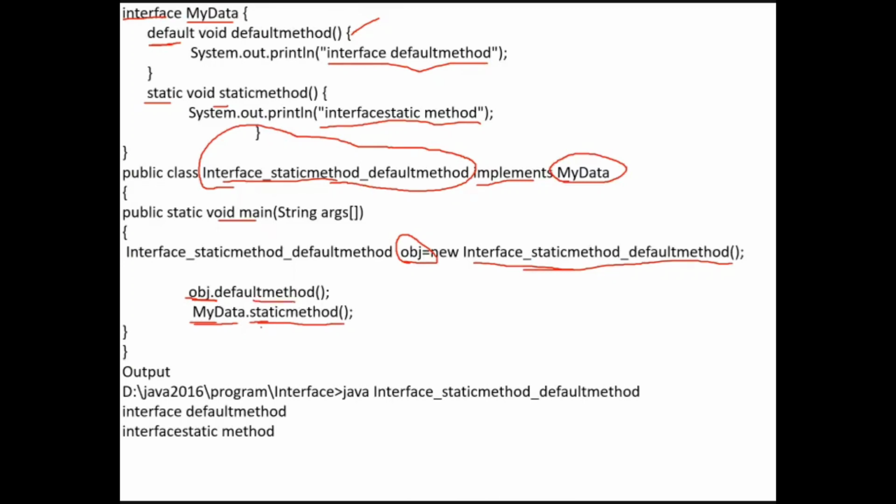We can call the static method by using the interface name, and the default method can only be called by using an object and dot operator. Finally, I will get the output: interface default method, interface static method.